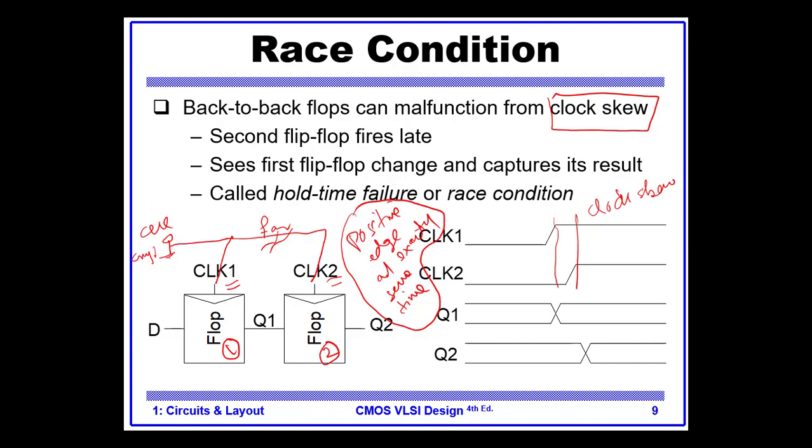So ideally the requirement is all your flip-flops, whether they are 1000, 100,000 or 1 million or any number, they should change the state at exactly the same time. But due to the clock skew, this may not happen.